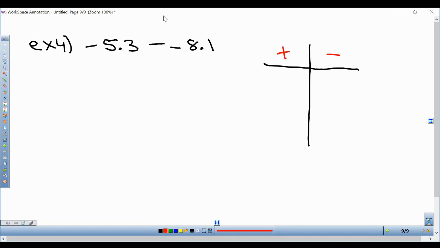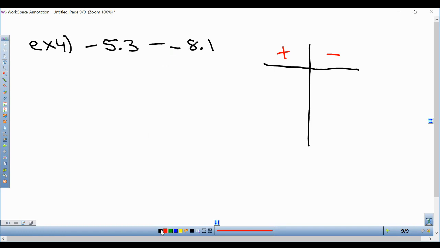And we're going to look at this equation. Now, it's got these two negatives in a row. Hopefully earlier from another video, you should have learned that anytime we have a negative sign and a subtraction sign back to back with nothing in between them, two negatives will make a positive.